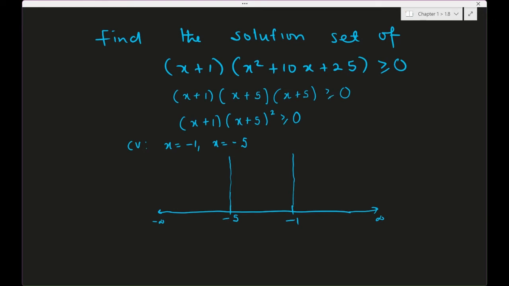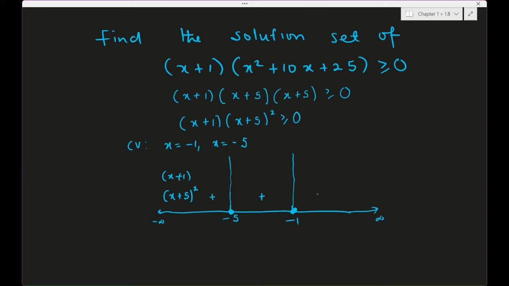So this is like coming from minus infinity and going to infinity. Here, since we have equality, equal to 0, we should leave the critical points closed. So let's put the factors. We have just x plus 1 and x plus 5, all squared. Now, since this is an even power, we don't have to bother.